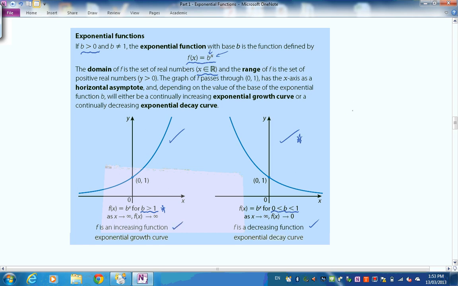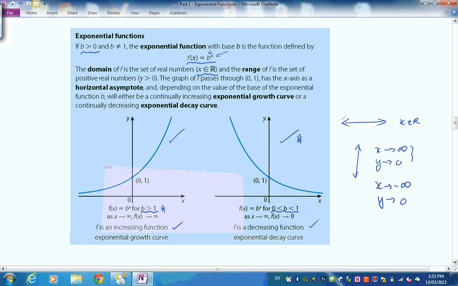So we get the range. You can see here, looking along the x-axis, x is a member of R for both of them. But looking at the range, let's go up and down, we can see that as x takes large positive values, one of them tends to 0, and the other one, as x takes large negative values, also tends to 0.